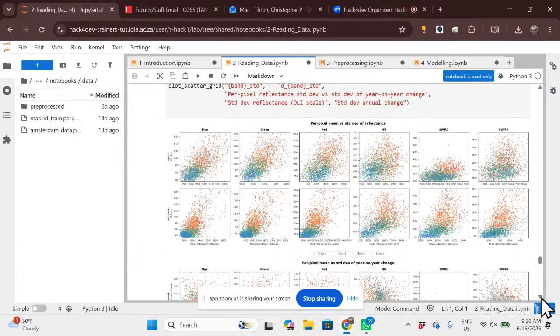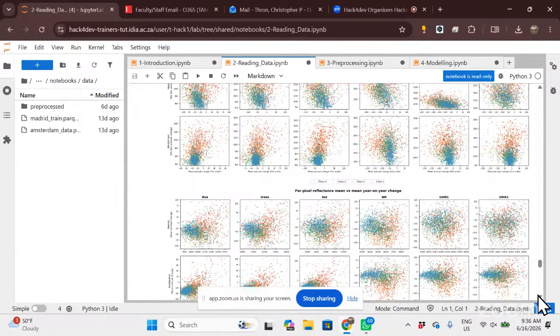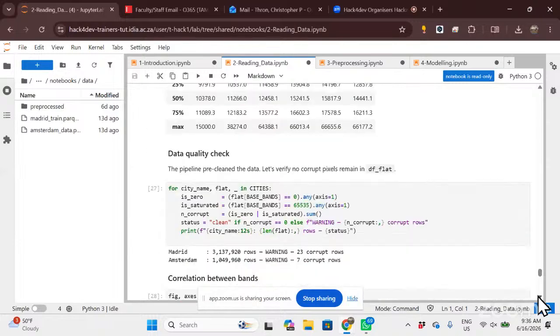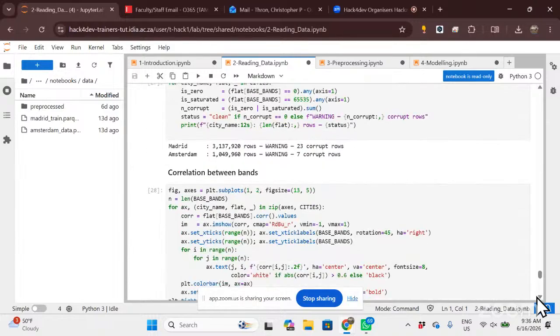And then here we plot mean versus standard deviation. This is just some way of exploring relationships between the different features in the data.